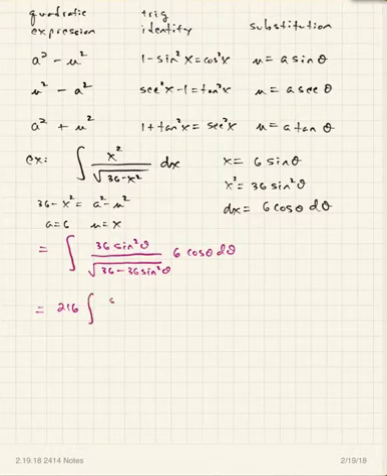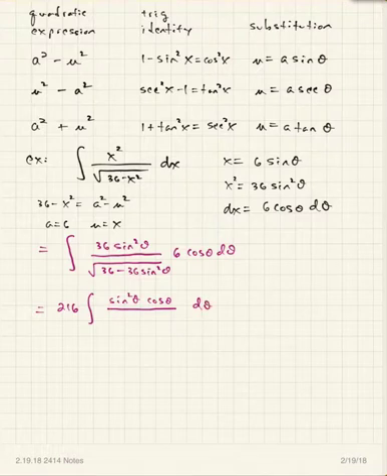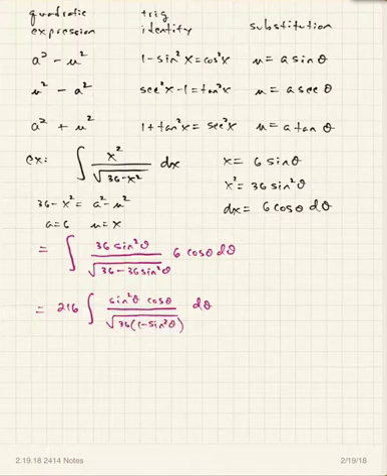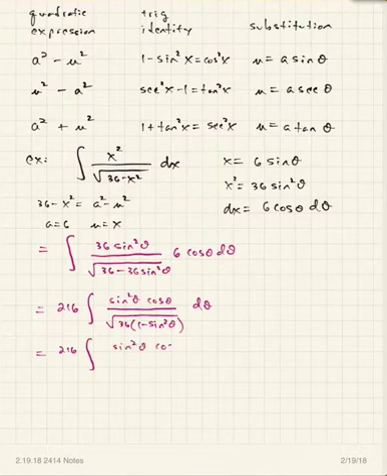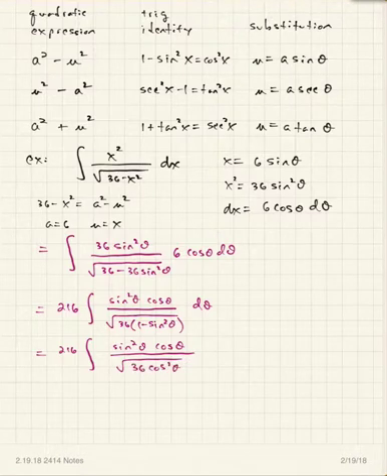And then in the numerator, I have sine squared theta, cosine theta, d theta alongside the integral, and then under the radical, we'd have 36 times 1 minus sine squared theta. All right, so take your time as you go through this. In the denominator, the square root of 36 times 1 minus sine squared would become the square root of 36 cosine squared theta.